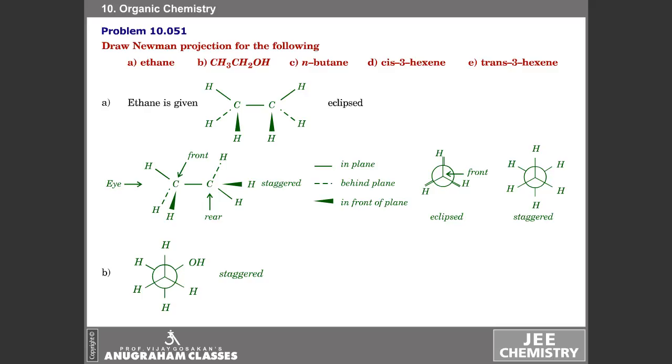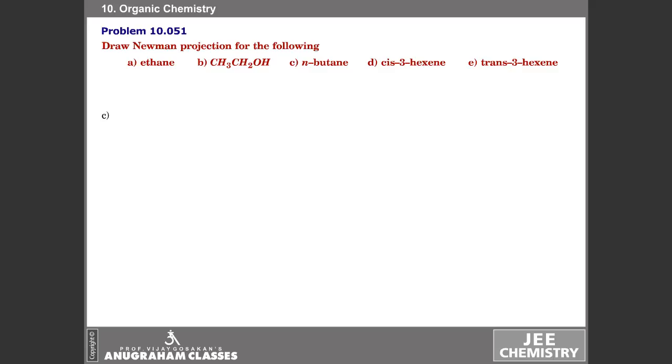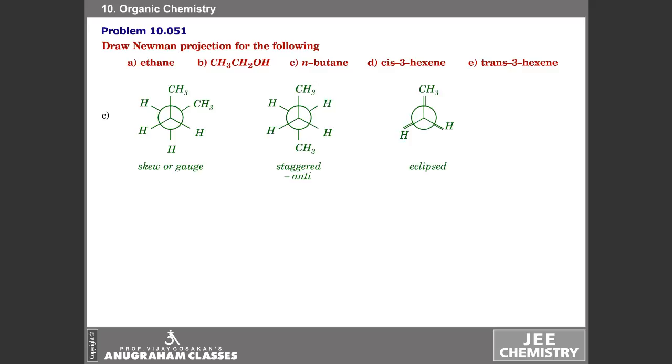When I turn 60 degrees, we will be able to convert one to the other. In N-butane, we will be able to draw two staggered structures, one called the anti and the other called the skew or gauche. In skew or gauche, which is a staggered form, the two carbon-methyl bonds are at an angle of 60 degrees.